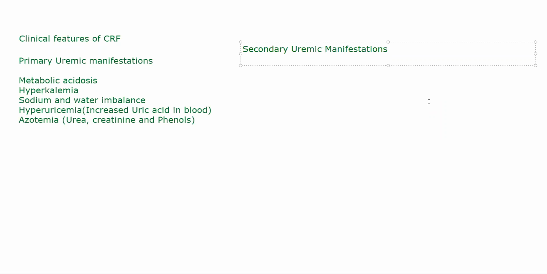Those manifestations will include anemia. Anemia specifically occurs because of a reduced amount of erythropoietin. Now, if you remember, one of the main functions of the kidney, specifically one particular cell of the kidney called fibroblast, is to help in production of erythropoietin.